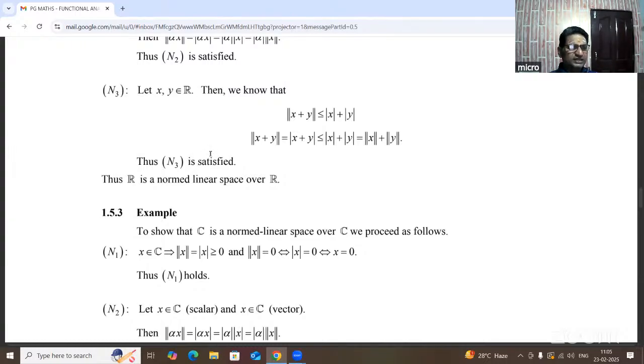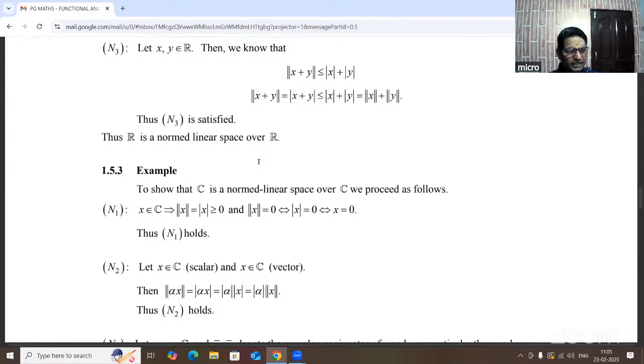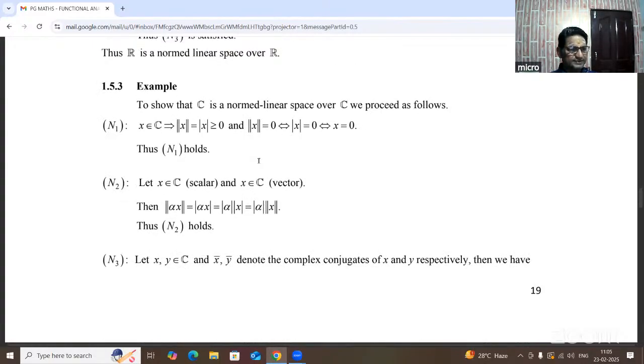So when N1, N2, N3, these three conditions are satisfied from the given condition norm x equal to mod x, then automatically R is a normed linear space over R. It is easy to show the same for the example with complex numbers, to show that C is a normed linear space.